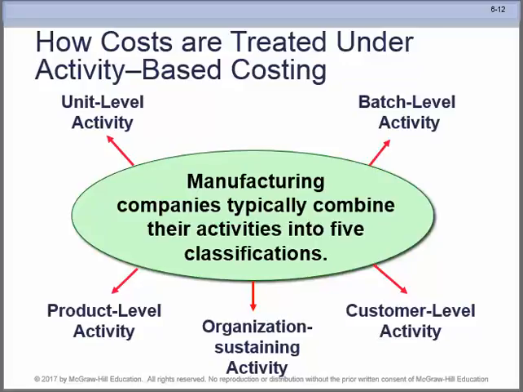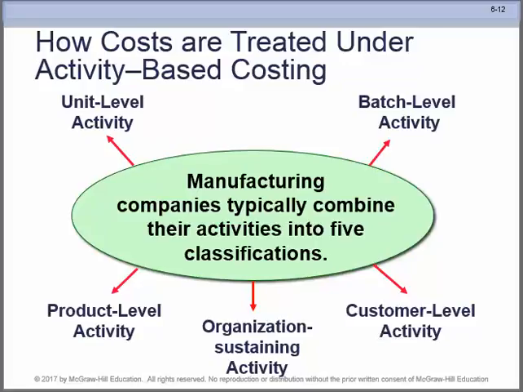That would be a product level activity, maybe the cost associated with having that letterhead or form available. Customer level activities relate to specific customers and are not tied to any specific product. So with our invoicing, what's the number of invoices we send to customer A or to customer B? That would be customer level activities.